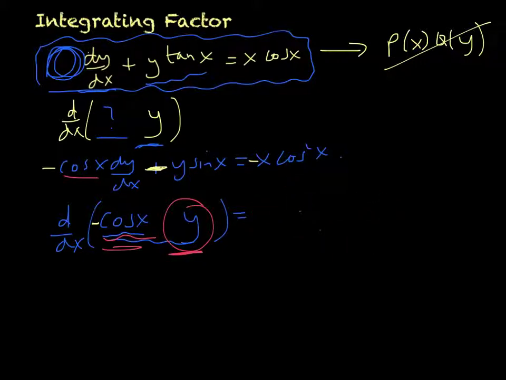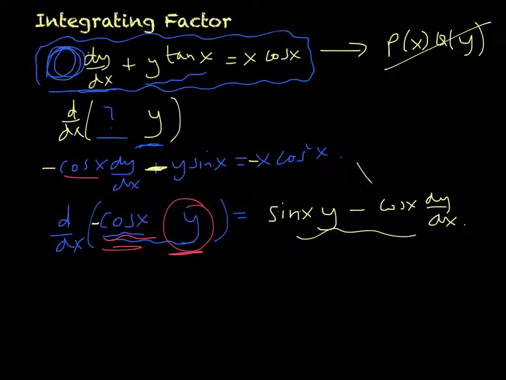Okay, so minus cos x is going to differentiate to sin x times y, because cos x goes to minus sin x, so minus cos x goes to sin x, and our minus cos x would stay the same with dy by dx. So we're still not there.